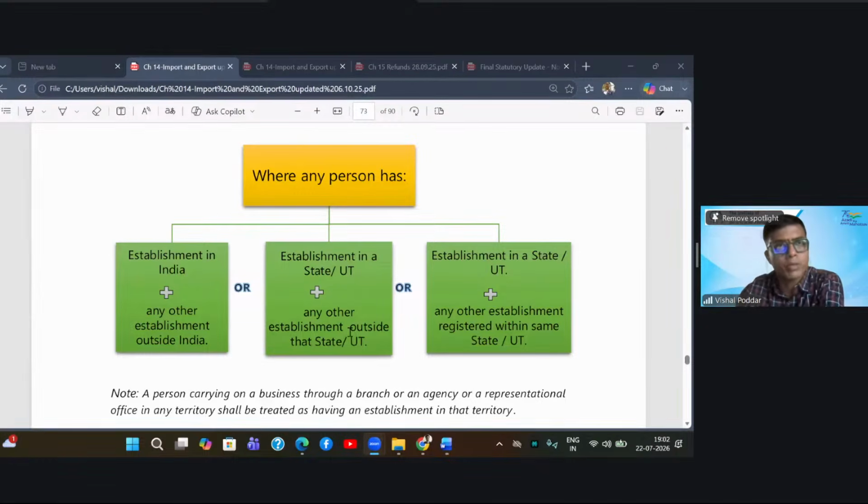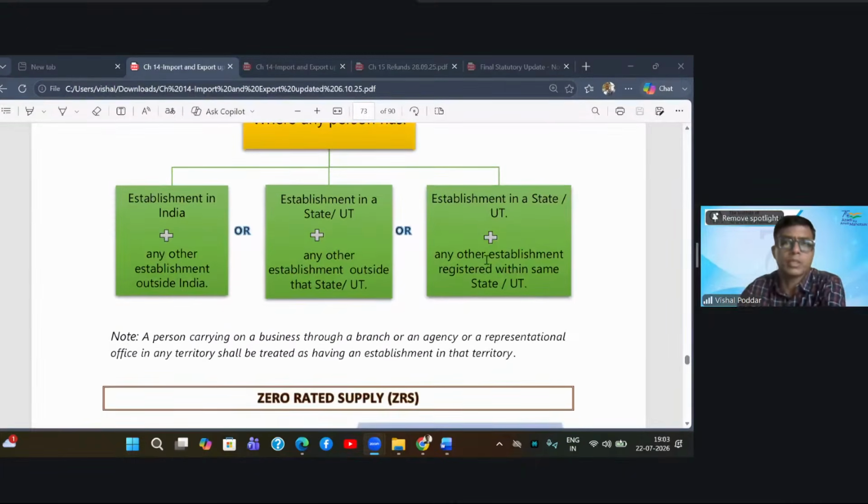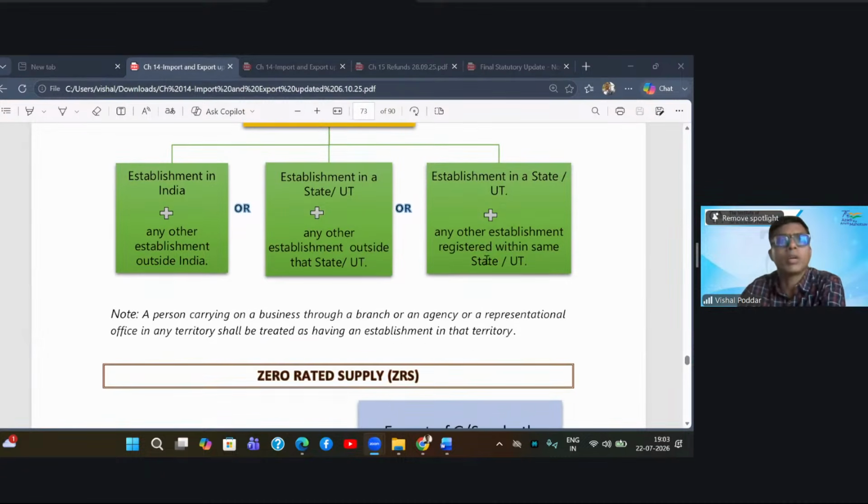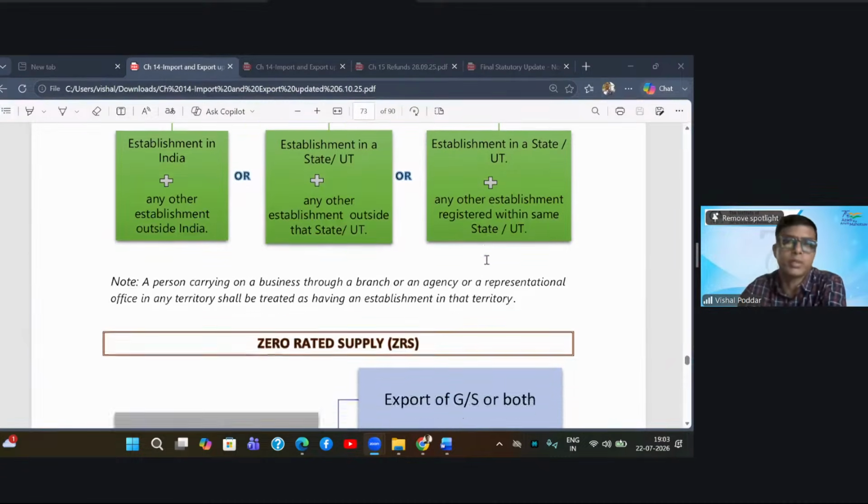Again, it is establishment of a distinct person. You have an establishment in one state and another establishment in the same state. Both are in the same state, but one is a registered establishment and one is only an establishment that is not registered. Such scenarios, where you have these different types of establishments, will be called establishment of a distinct person.